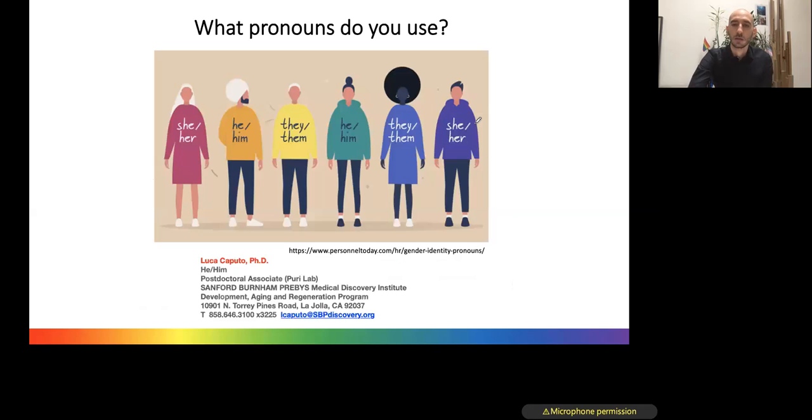And so this reflects in the pronouns, and I really like this picture that depicts some of the most common pronouns, because it clearly shows that you cannot guess the pronouns to use for a person based on their physical appearance or on their clothing.